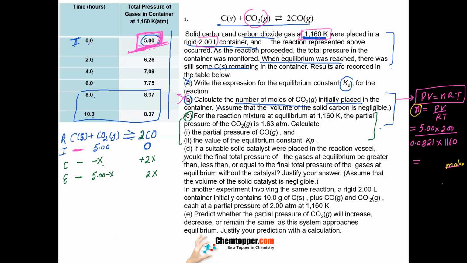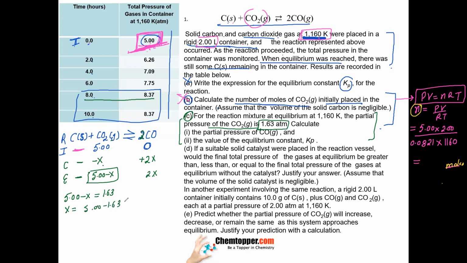What is given in this part? They are saying that the partial pressure of CO2 at equilibrium is this and this. It means you know this value. What is it? 5.00 minus X is given to me as 1.63. So what is X? 5.00 minus 1.63.